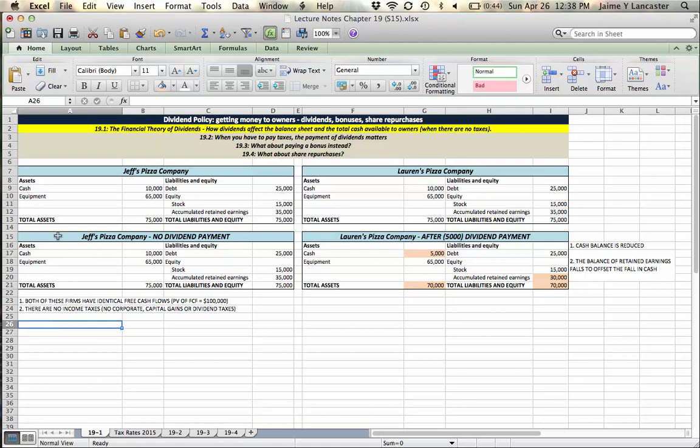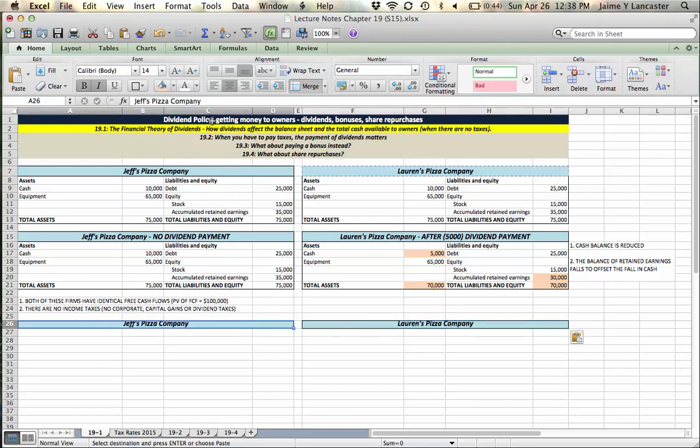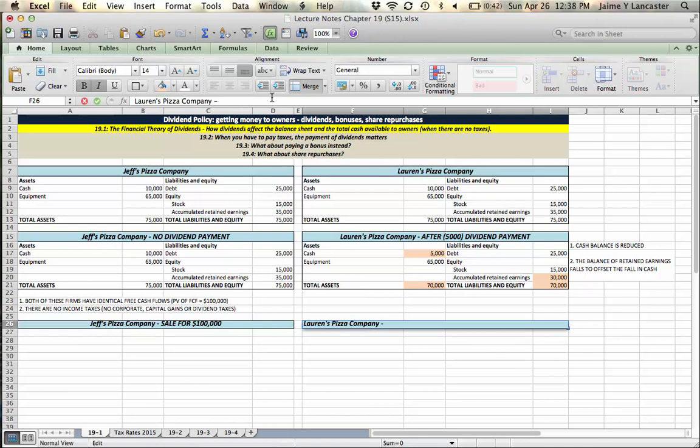So now let's take Jeff's Pizza Company, bring our heading down here, and Lauren's Pizza Company, bring our heading down here. And in each case, let's sell these companies for $100,000, which is the present value of their future free cash flows.